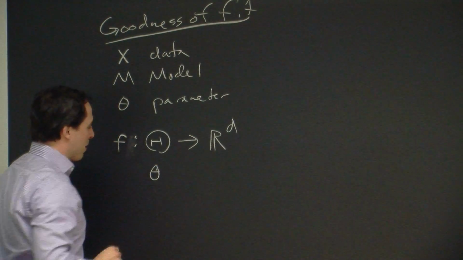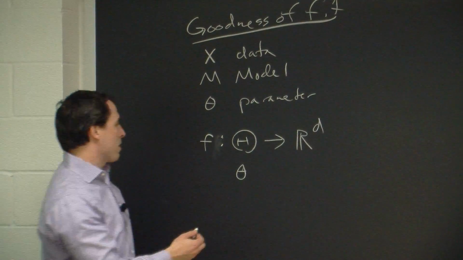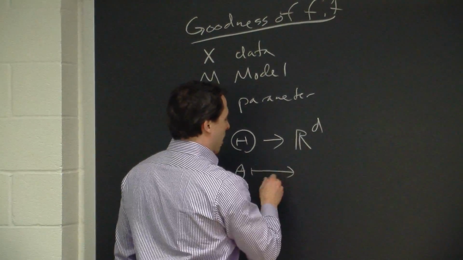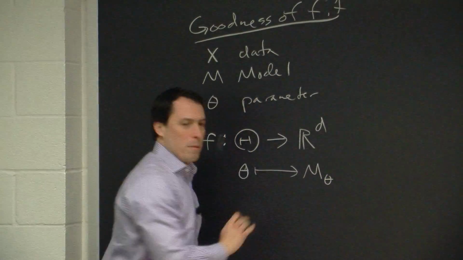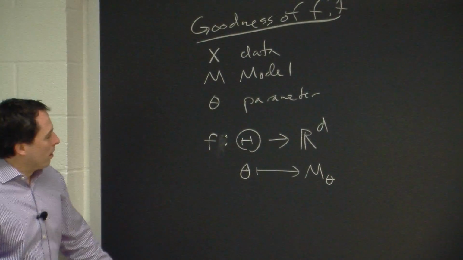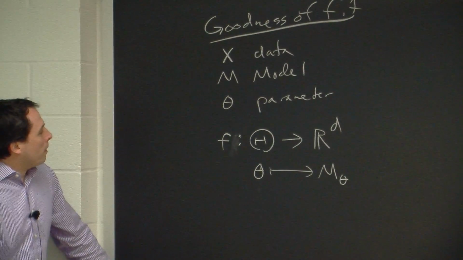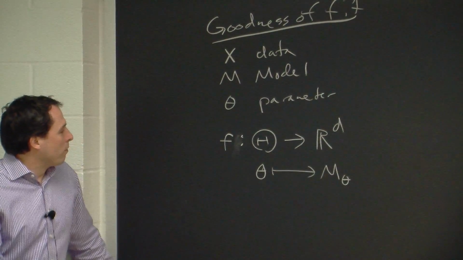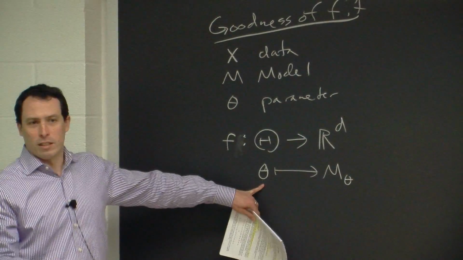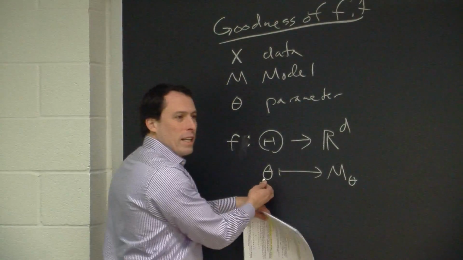So given a parameter, which might be a vector, like a set of probabilities, for example, it defines a model that corresponds to theta, a probability distribution that's given by the parameters. Right? So, for example, for a binomial distribution, theta is just the number p. For a multinomial distribution, theta is a vector.